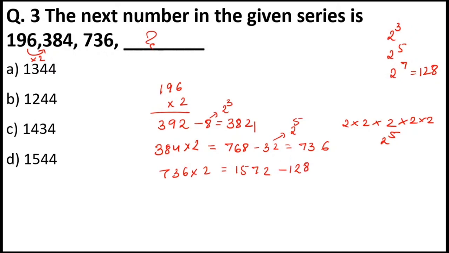1472 minus 128 is how much? 1, 3, 4, 4. You will get the right answer as A, which is 1344.